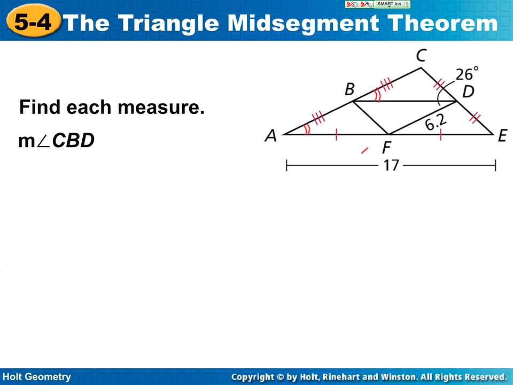No? If I highlight this side parallel to this one, and this transversal, you see the 26 degree, and this one would be alternate interior. So the angle I'm after is 26. Angle A is 26. There's one more angle in here that's 26.